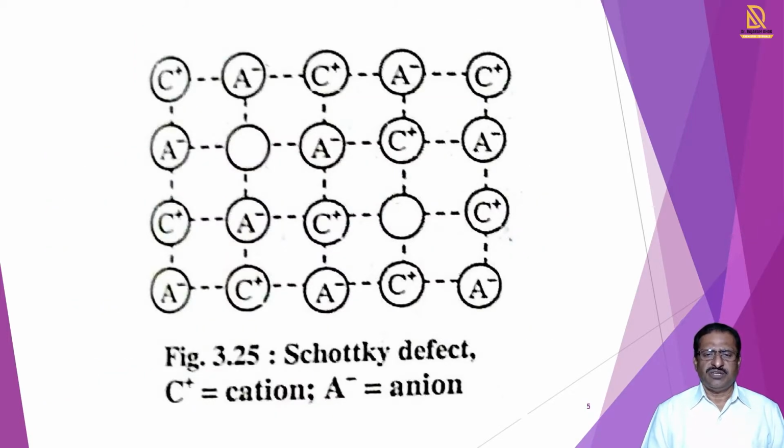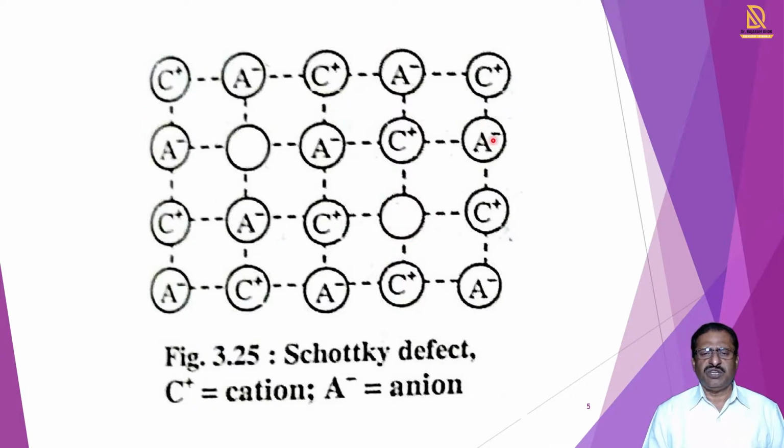You see this diagram. In this diagram, cations are surrounded by anions and anions are surrounded by cations: cation, anion, cation, anion. So this is the sequence. Now you see there are some positions of cation and anion that are vacant. This is the cation position. So one cation leaves its position in the crystal lattice and one anion leaves its position.